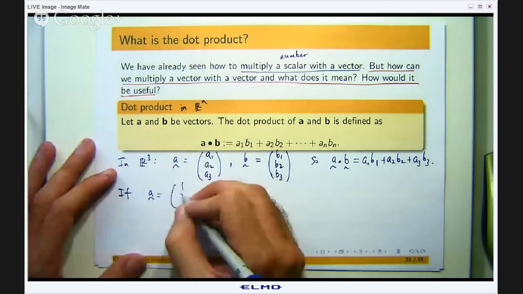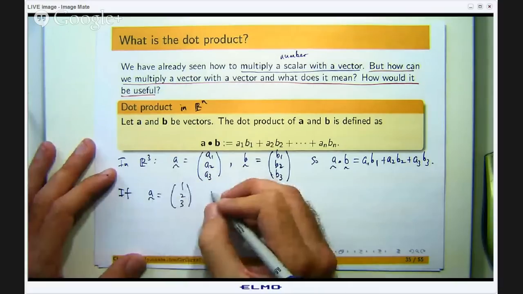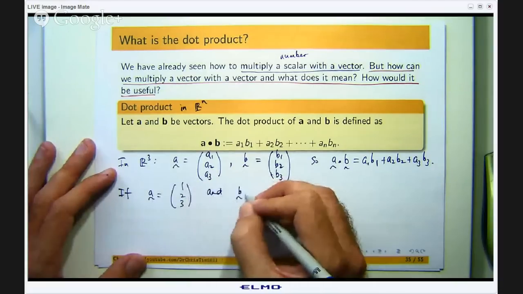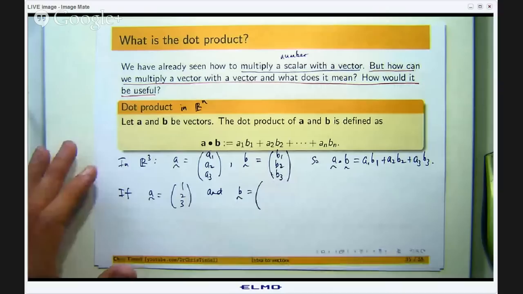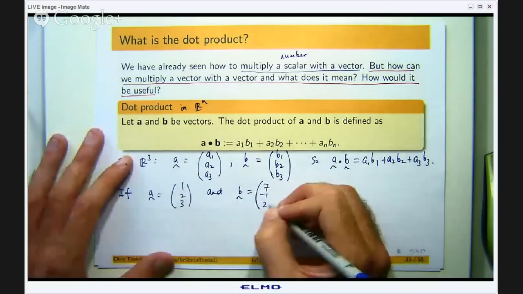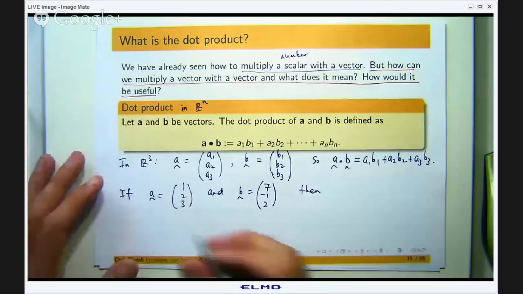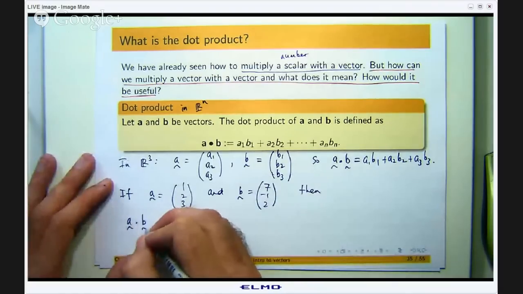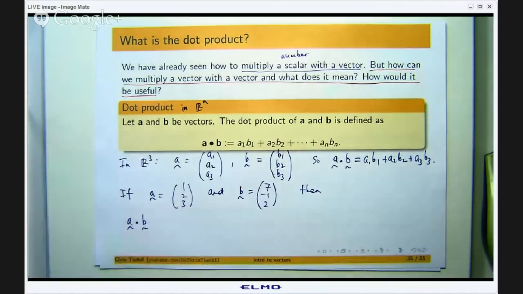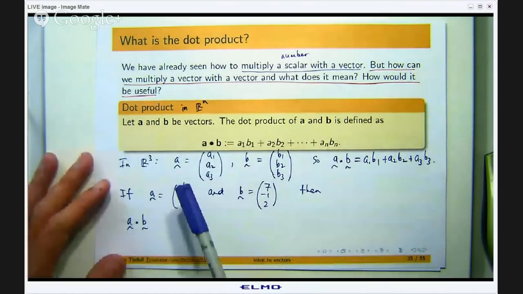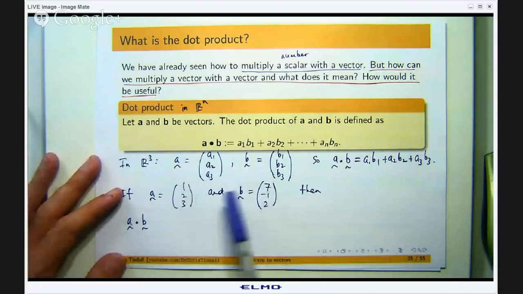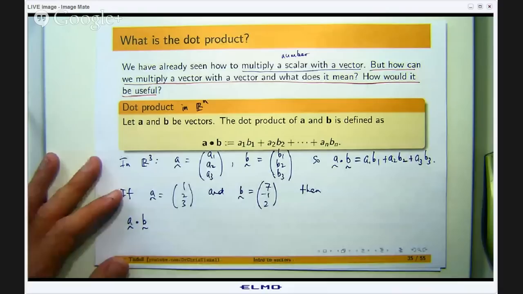So let's say A is the column vector 1, 2, 3, and let's say B is the column vector 7, negative 1, 2. Then A dotted with B, or the dot product of these two vectors, is just found by multiplying the corresponding components and adding everything together.